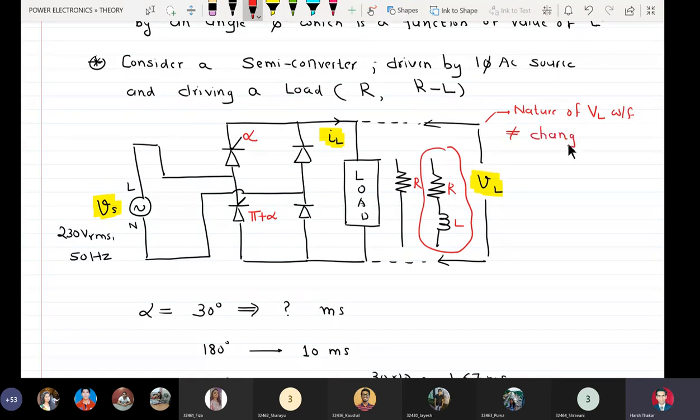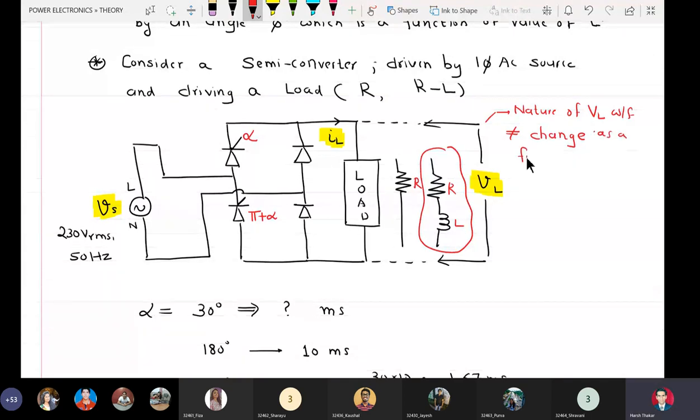Did you see any change in the nature of load voltage when there was a pure resistor and then I added an inductor? There is no change. The load voltage was purely sinusoidal when the load was purely resistive, and it continued to remain purely sinusoidal even when I added an inductor. In fact, increasing or decreasing the value of L did not change the mathematical nature of VL.